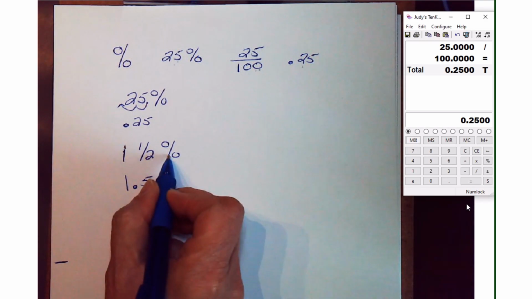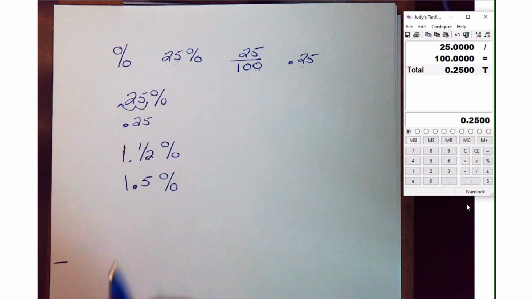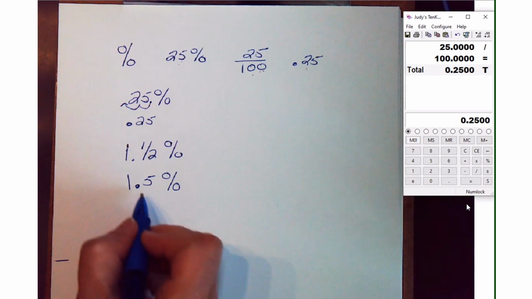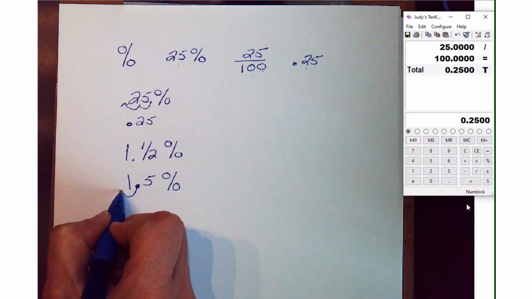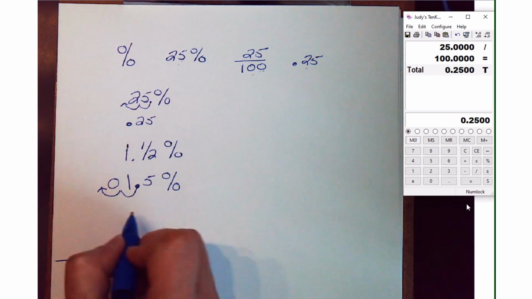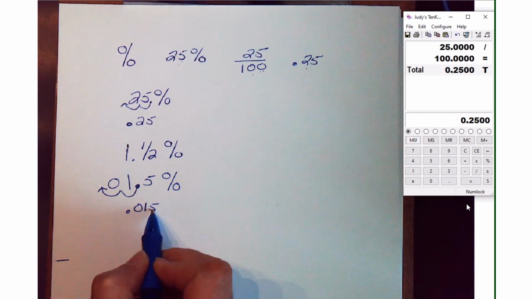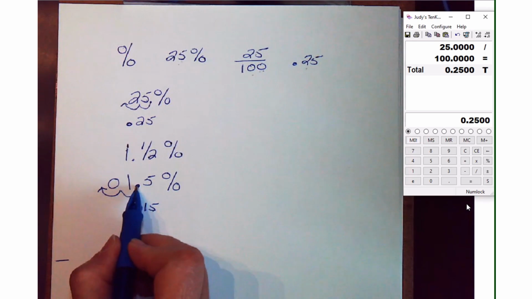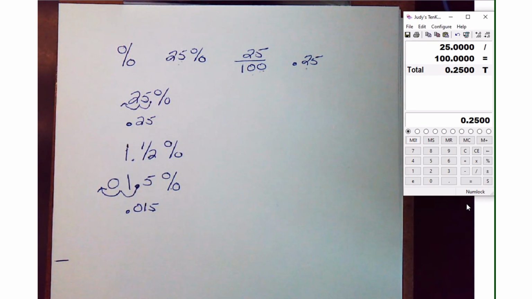It's still a percent because I haven't moved the decimal. Now move your decimal 2 places to the left. If there's not a number, add a 0 so you can have 2 places to the left. So 0.015 as the decimal is the same as 1.5%. They all mean the same thing.